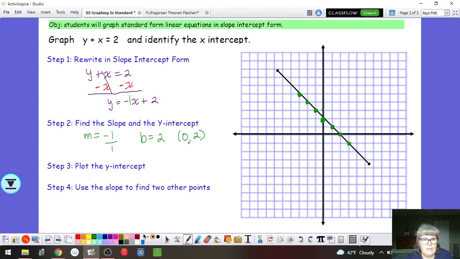And then we can identify our x-intercept like the directions ask. And our x-intercept is at the point 2, 0.